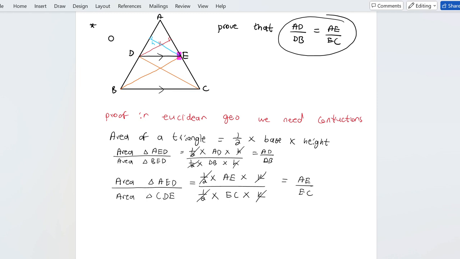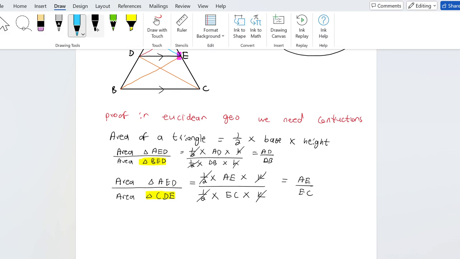Now, I need to look at something. If you look at these two triangles, triangle BED and triangle CDE, there's a very important theorem that triangles which have the same base and lie between parallel lines, they have got the same area.